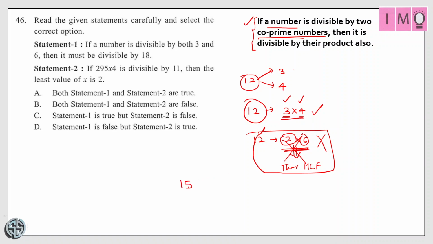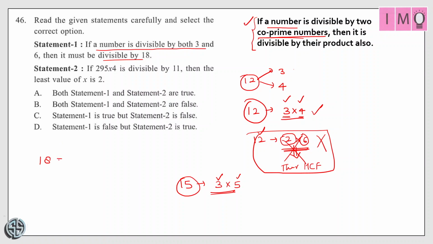For example, if you want to check the divisibility rule of 15, you can split it into 3 and 5, and if a number is divisible by both 3 and 5, then it is divisible by 15. Why? Because 3 and 5 are both co-prime numbers. Now, the first statement: if a number is divisible by both 3 and 6, then it is divisible by 18.